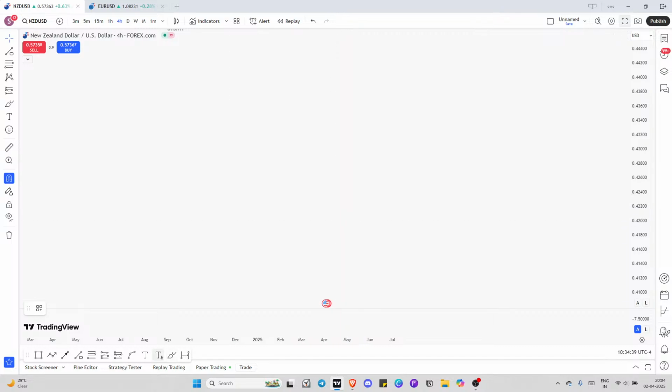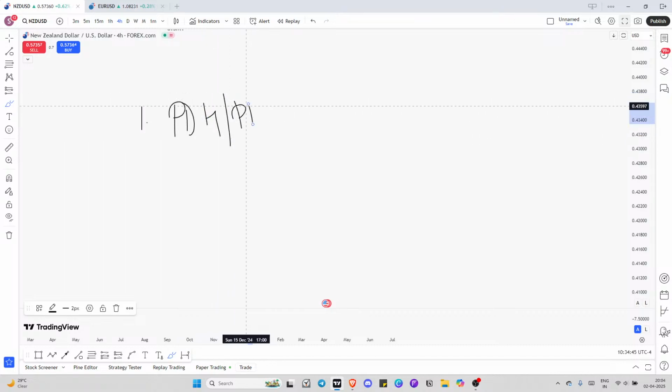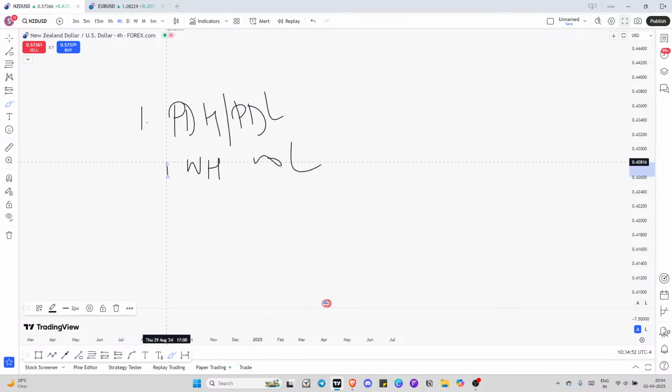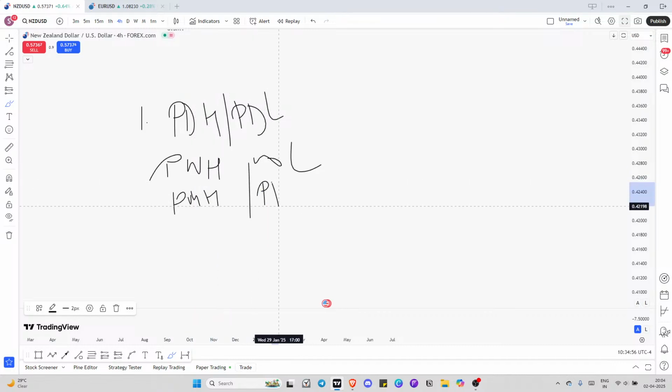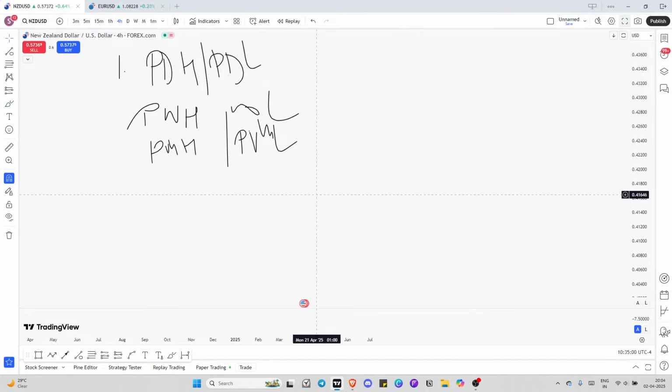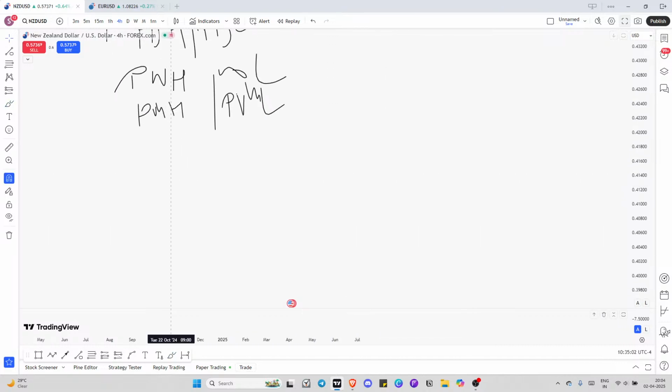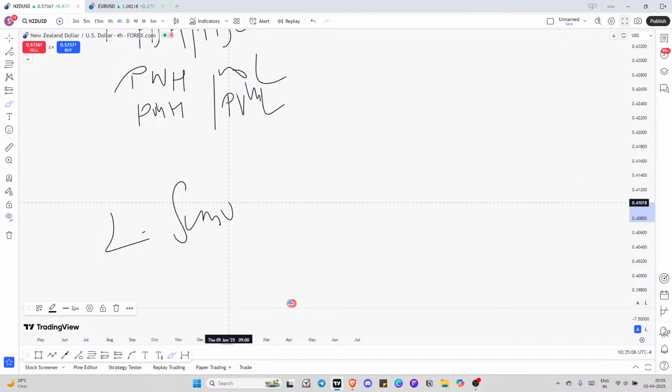So liquidity is of three types. The first type of liquidity would be your previous high or previous low, or your weekly high, weekly low, previous month high or previous month low. The second would be your session liquidity.